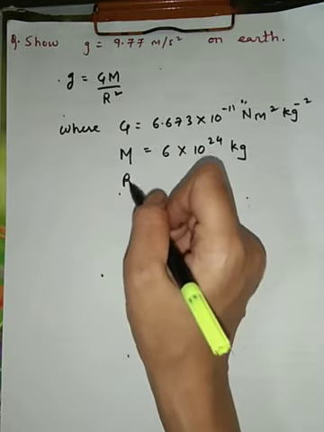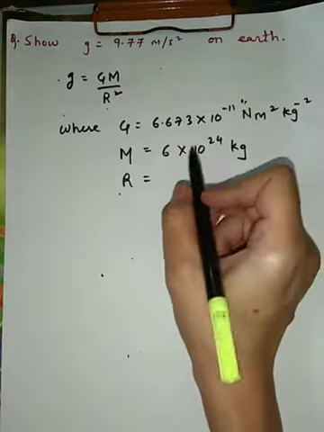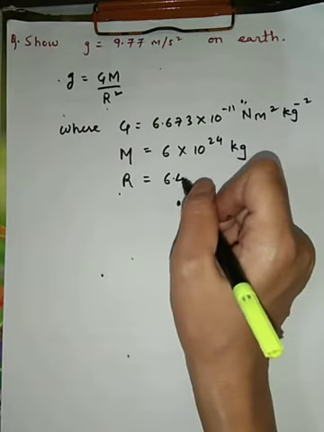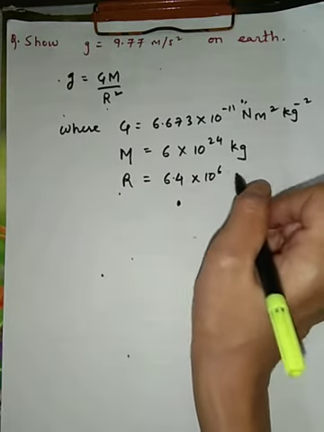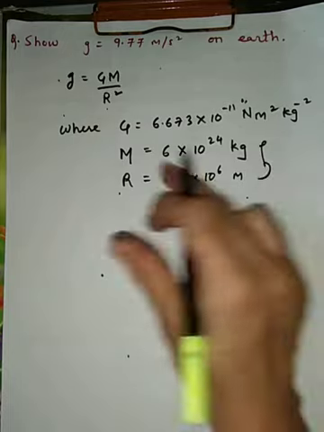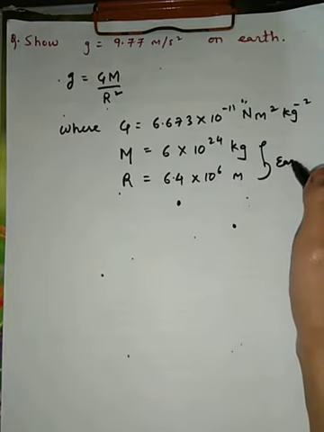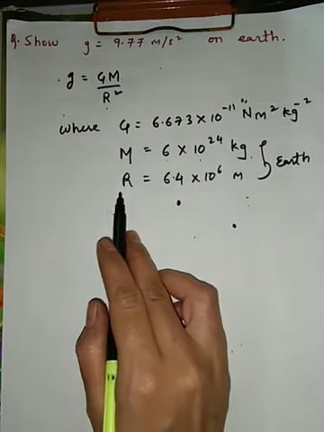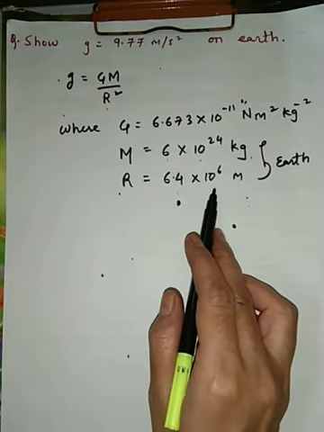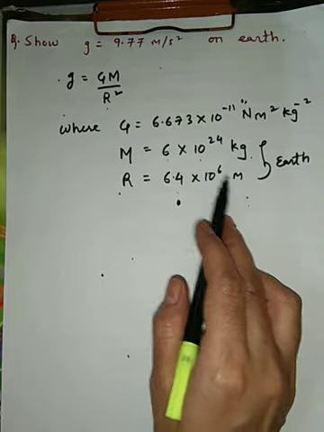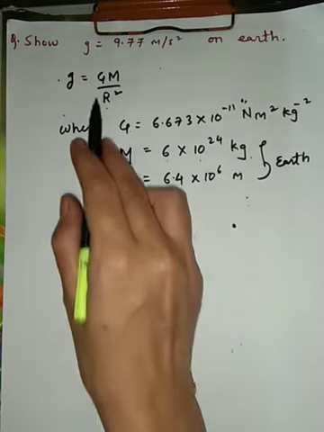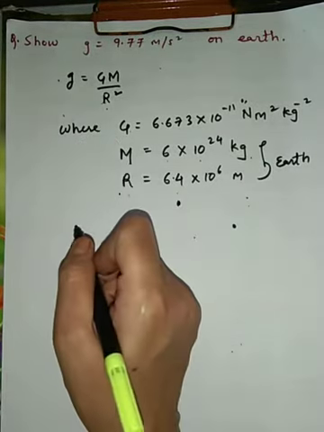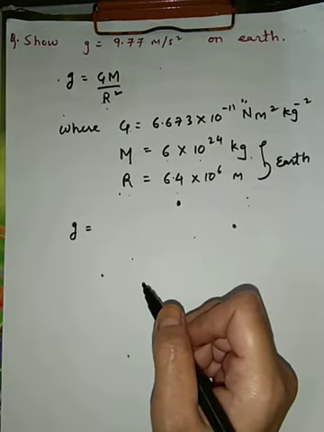Capital R in the denominator is radius of the earth, which is 6.4 into 10 raised to 6 meter. So this you need to remember. These are the values for earth. Earth का mass है 6 into 10 raised to 24 kg और earth का radius है 6.4 into 10 raised to 6 meter. Okay, now when I substitute these three values in this formula, I will get the value of g on the surface of the earth.